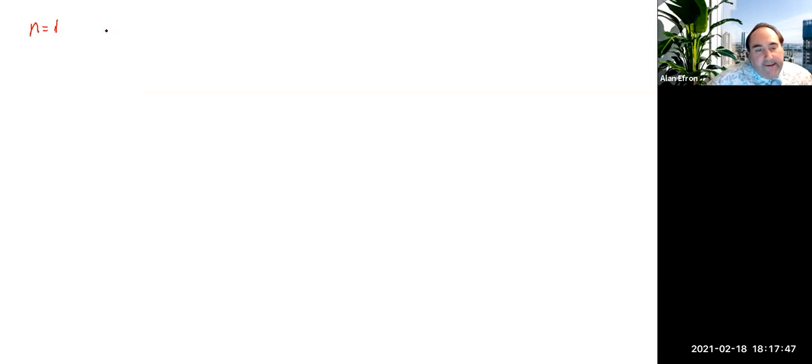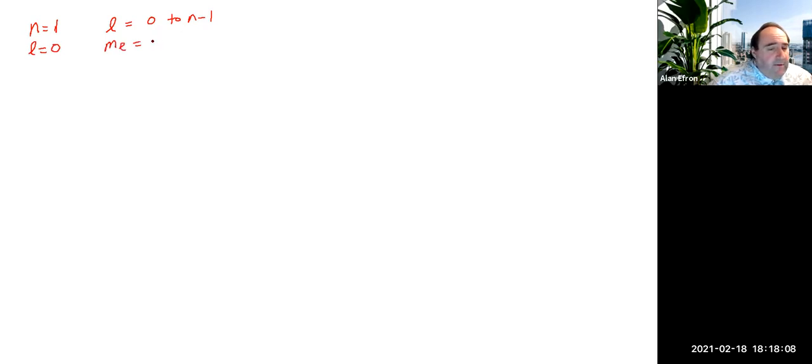What would L equal? Well, L could go from 0 to n minus 1. So obviously n is 1 in this case. 1 minus 1 is 0, which means in this particular case, L would equal 0. What would M sub L equal?